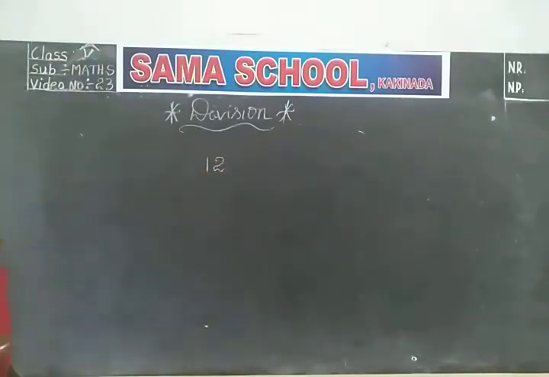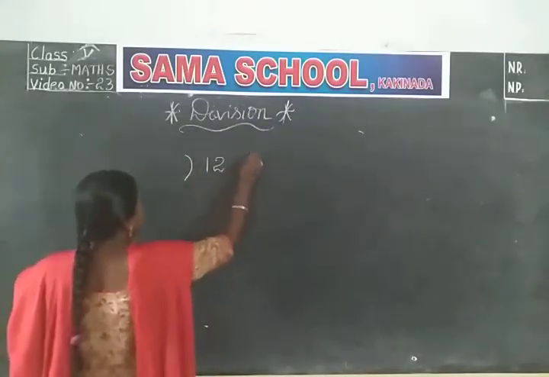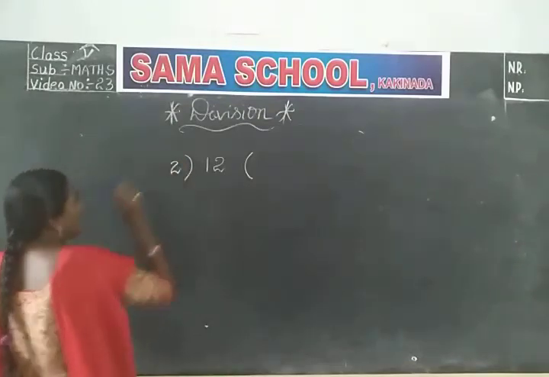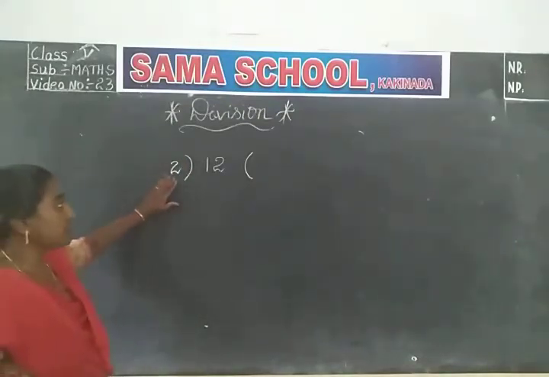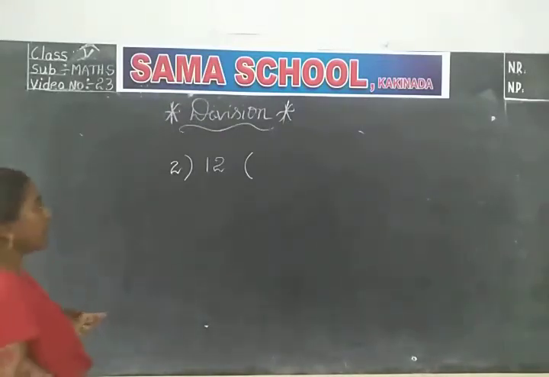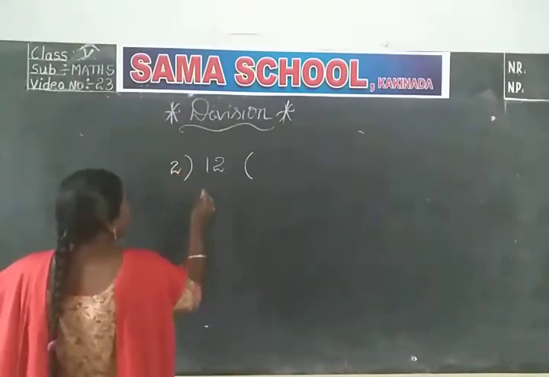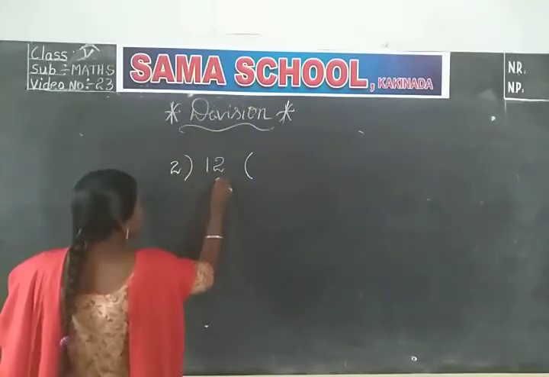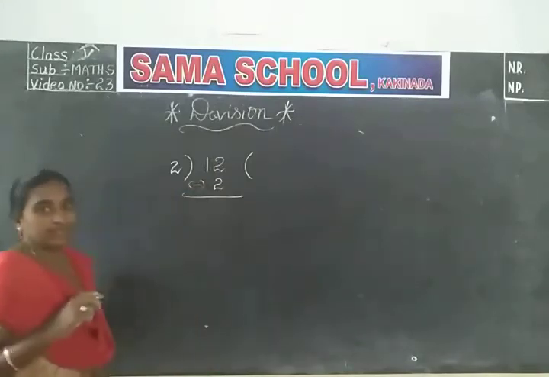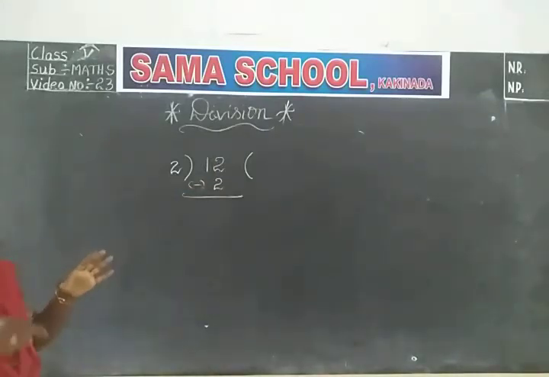Suppose 12 items are there, and these 12 items should be distributed between some children. See, I want to distribute 2 items to each child. Okay? So here, first time I am giving 2 items to one child. Actually, this is not the division method. I am just explaining what repeated subtraction is.